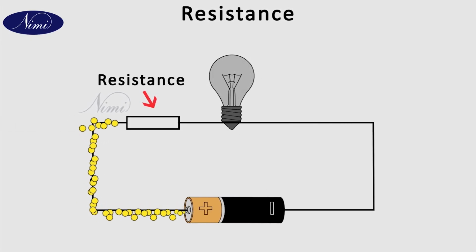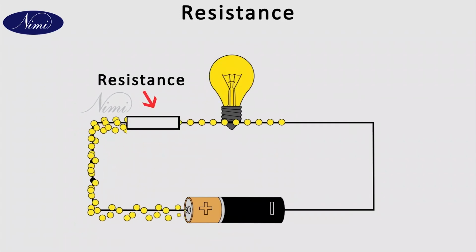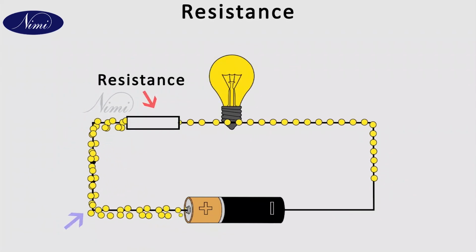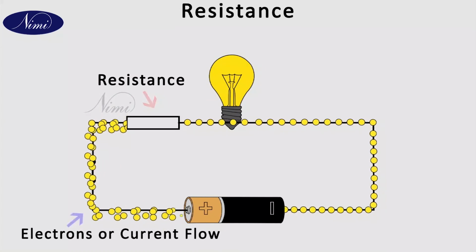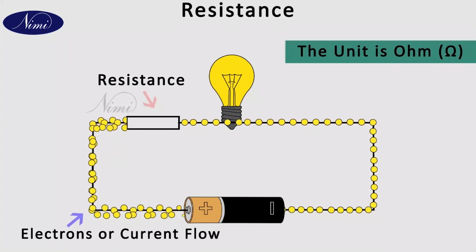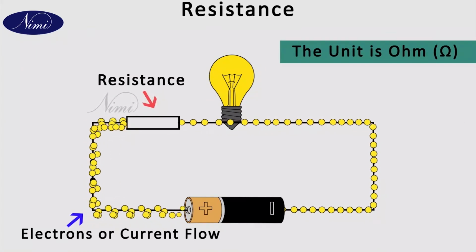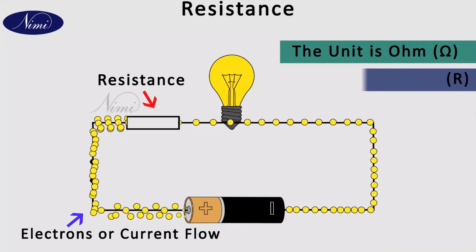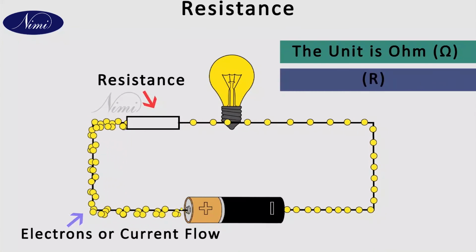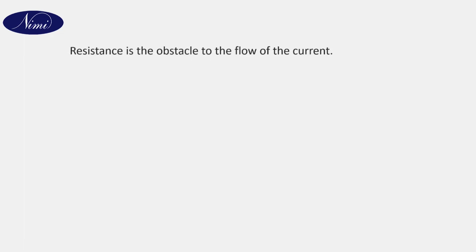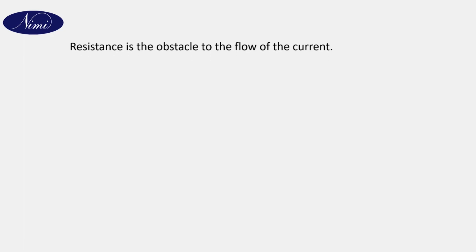Resistance is the property of a conductor that opposes the flow of electrons or current in the circuit. The unit of resistance is ohm and it is denoted by letter R. In simple terms, resistance is the obstacle in the flow of the current.